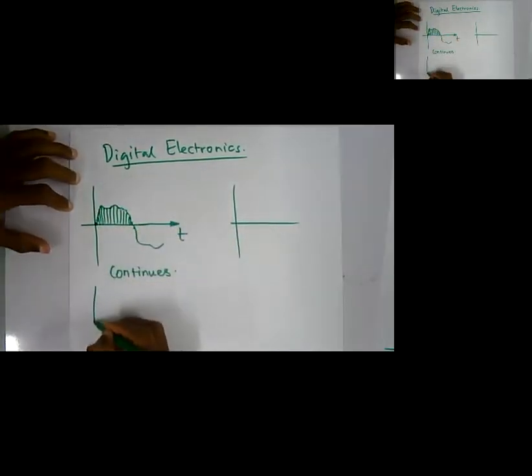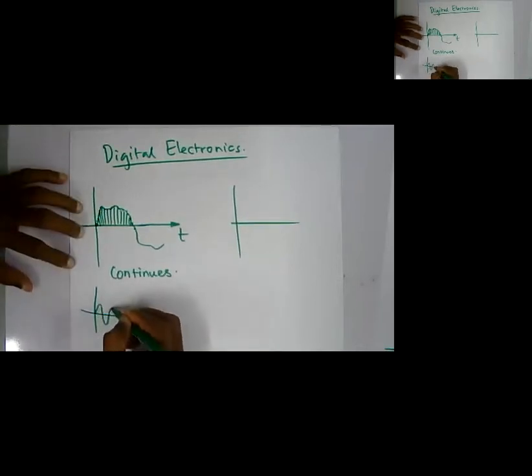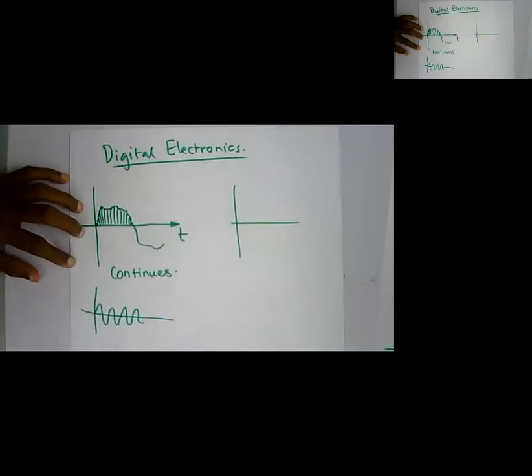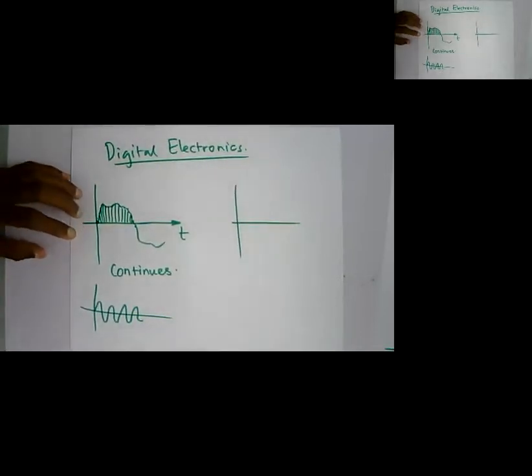It could be a periodic signal, which is this one. We call it a sine wave.